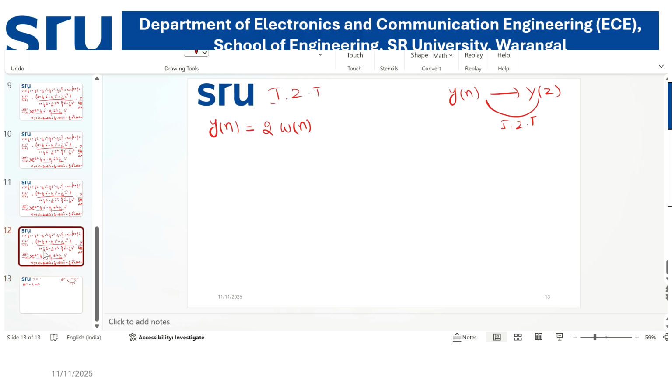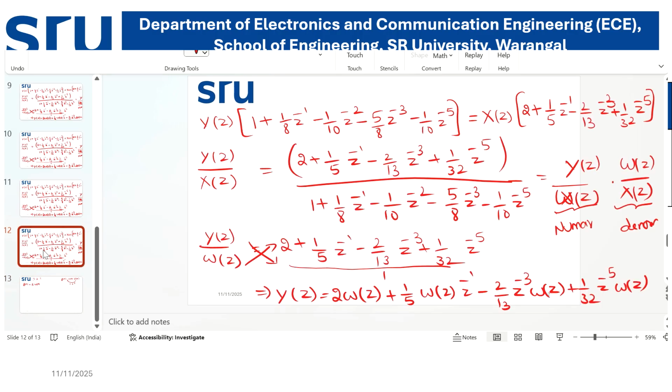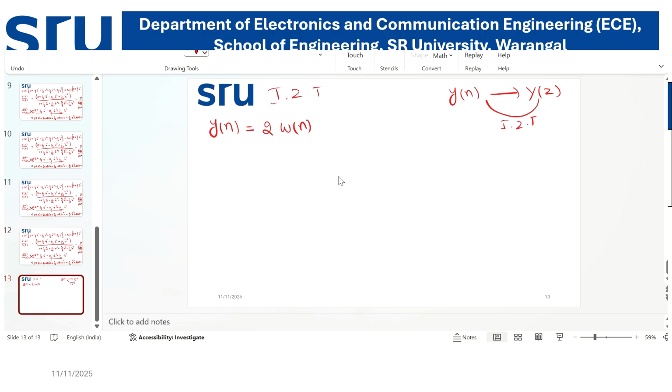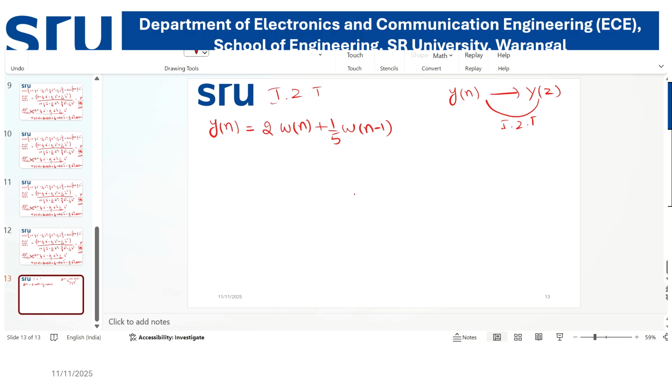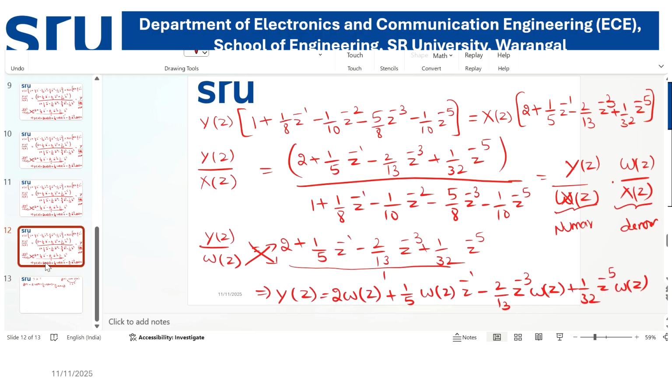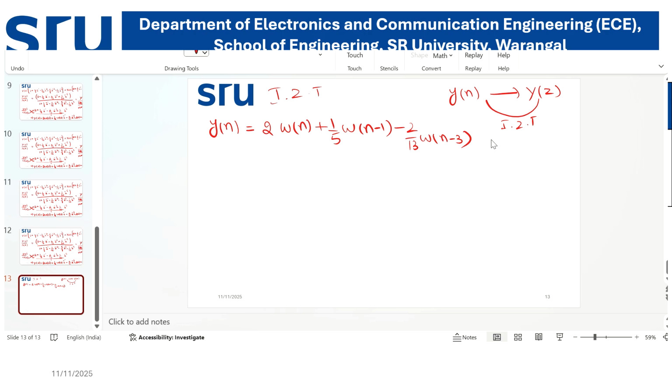Next, we have 1 by 5 into w(n-1), then minus 2 by 13 w(n-3), in the last term 1 by 32 w(n-5). So give it as equation number 2.